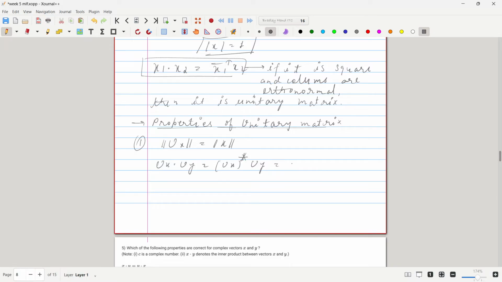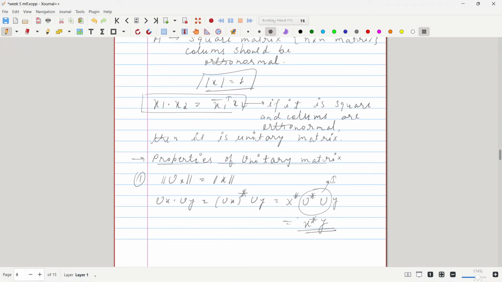So this will be x conjugate transpose U conjugate transpose U into y. This U conjugate transpose U will be the identity matrix. That means U conjugate transpose into U will be equal to 1. This will be equal to x conjugate transpose y. That means the length will be unchanged.